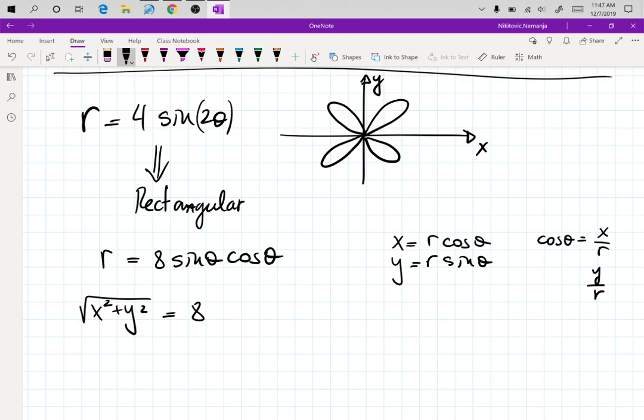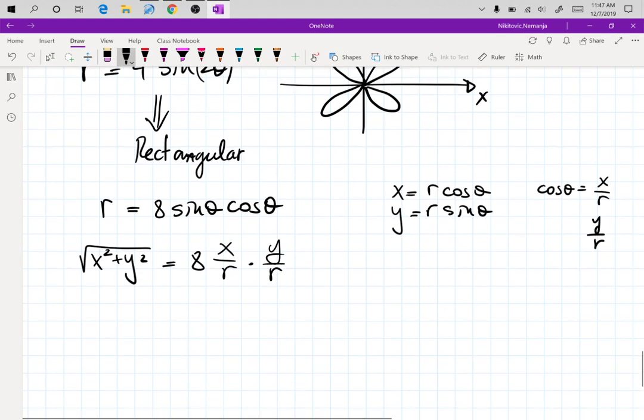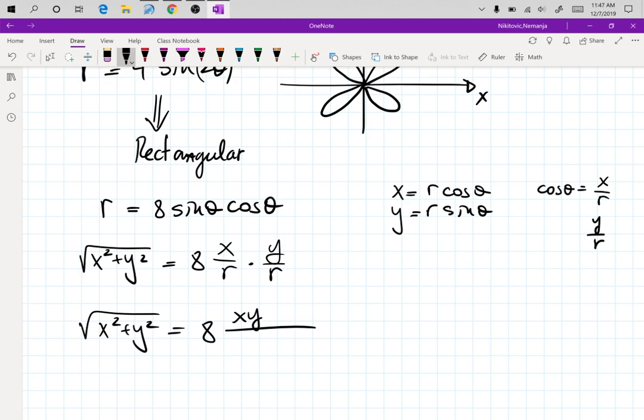So we have x over r times y over r, but we know r is the square root. So it's 8xy over the square root of x squared plus y squared times another square root of x squared plus y squared.